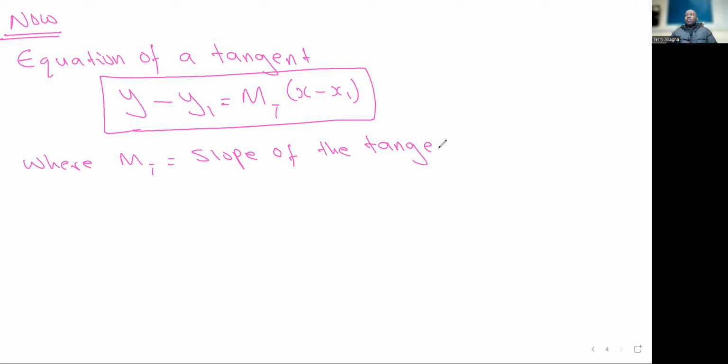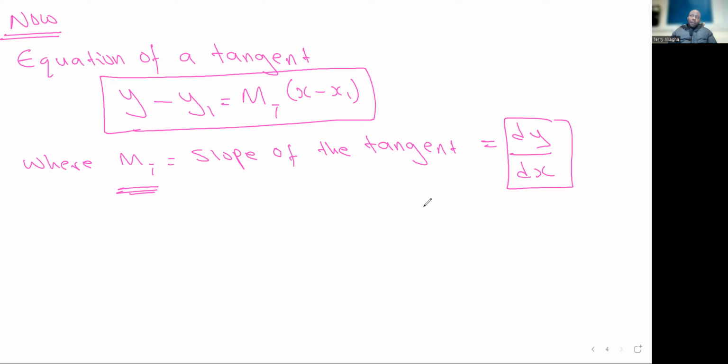So mt is the slope of the tangent, and this is the same thing as dy over dx. You need to remember this carefully, okay? Basically, the function or the curve you have, when you differentiate it, is going to be equal to mt. That is the reason why I said in the beginning of this video that you have to review the mechanism of differentiation.